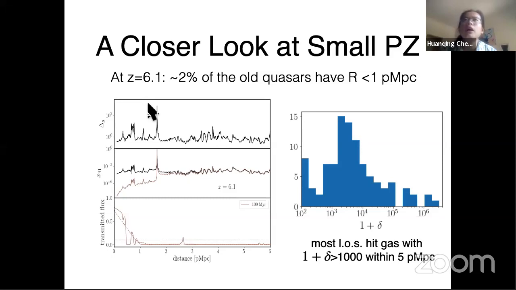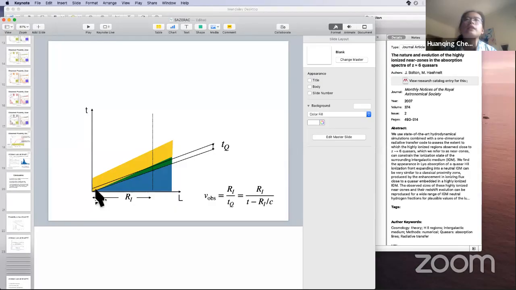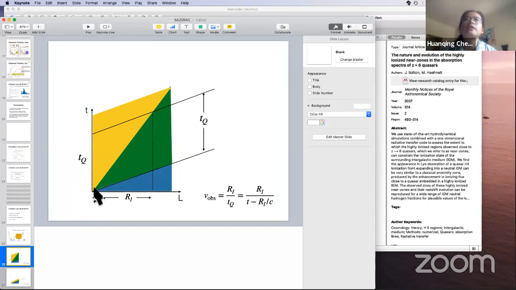So here I probably show you a schematic of this. The light here I show, skyline and the time. So if we assume this is the speed of light, then what we actually observe is the regions between this.